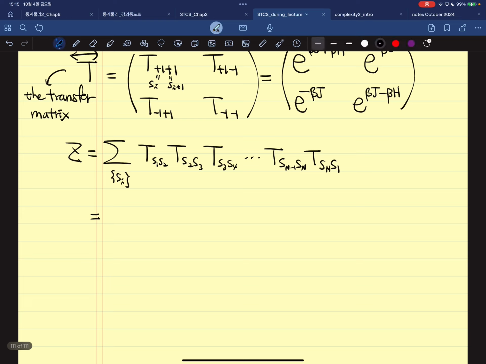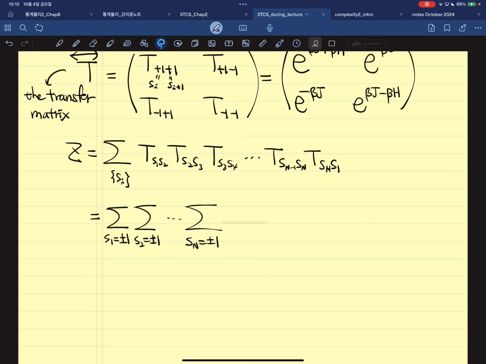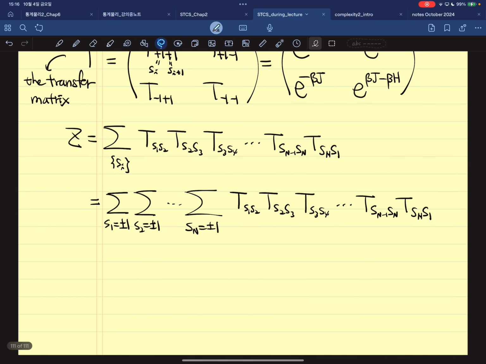Then let's explicitly write down this as S1 plus 1 or minus 1, and S2 is also plus 1 or minus 1, all the products like this. Perhaps you feel that now it's become more and more puzzling. But let's just take this example.